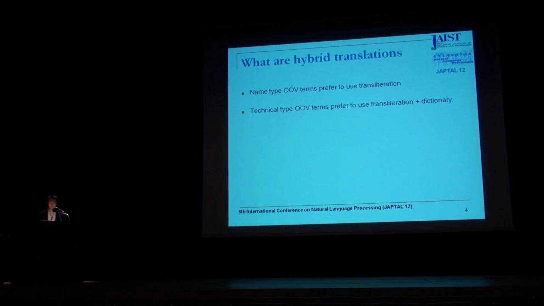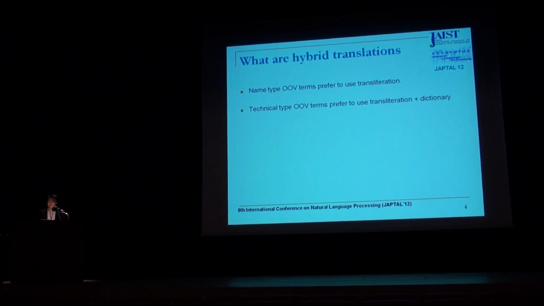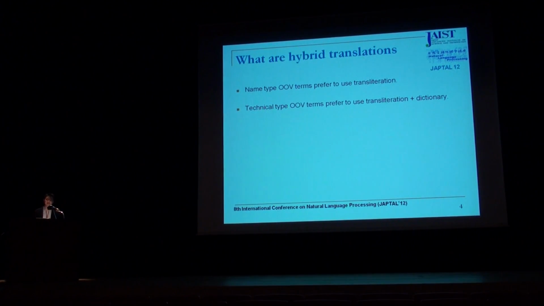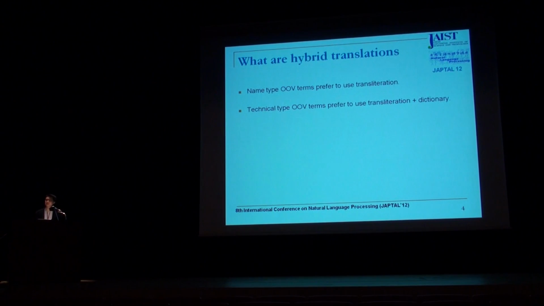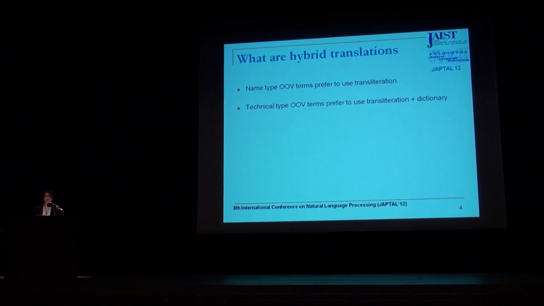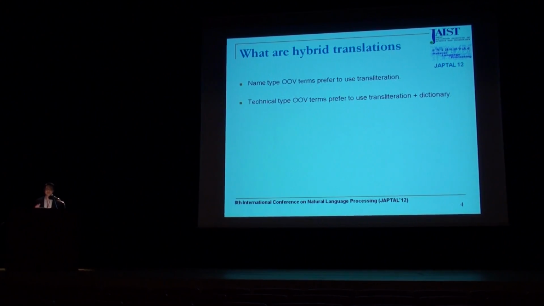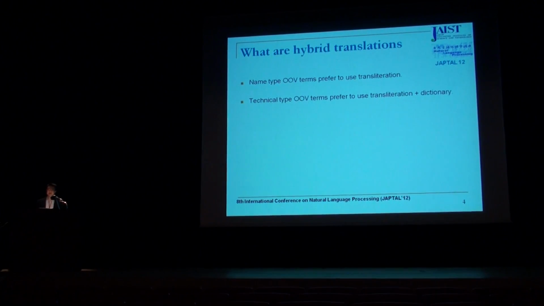And the technical type OOV terms prefer to use transliteration plus dictionary, because some partial parts of the terms in the source language can be found in the dictionary, and some of them have a meaning. So they use a combination of dictionary and transliteration.